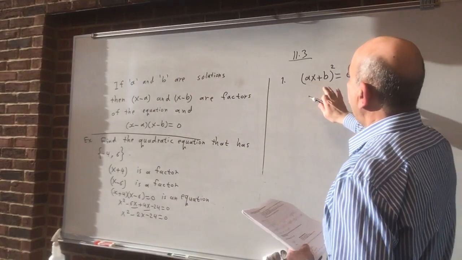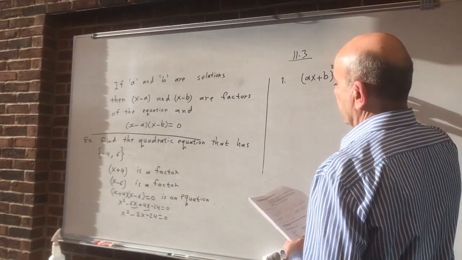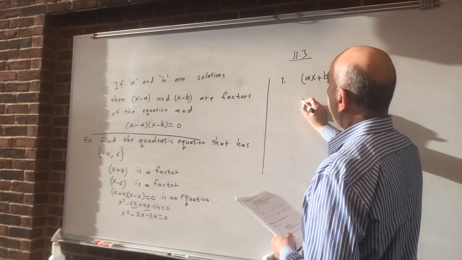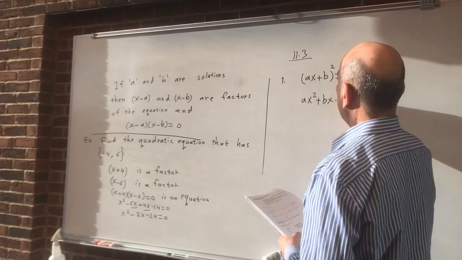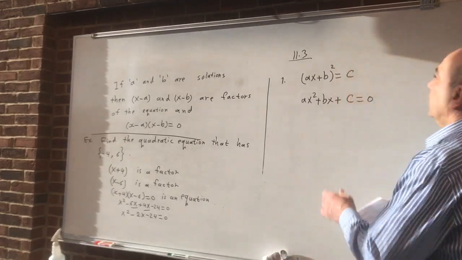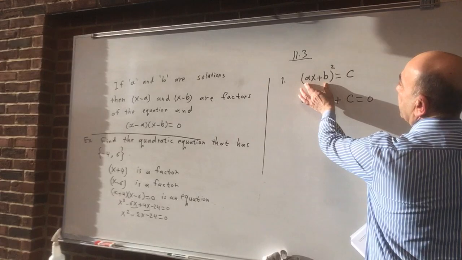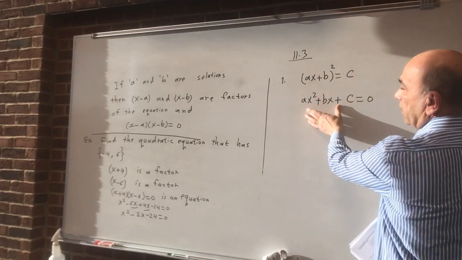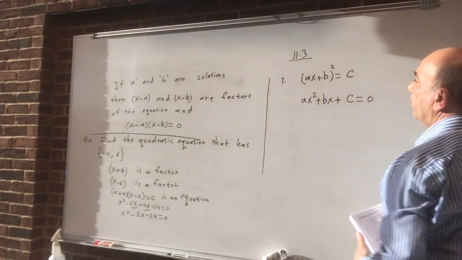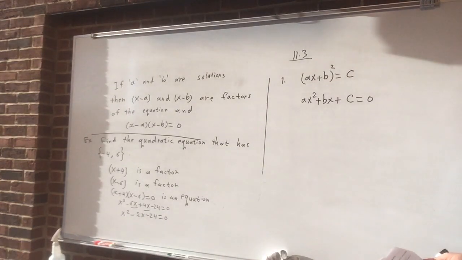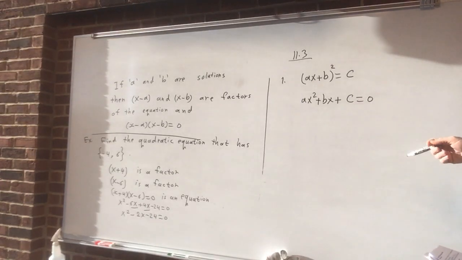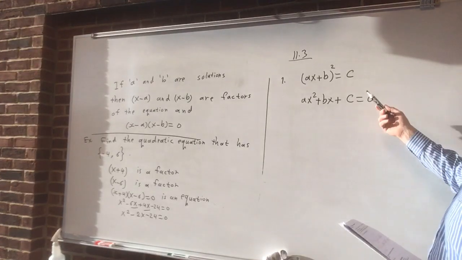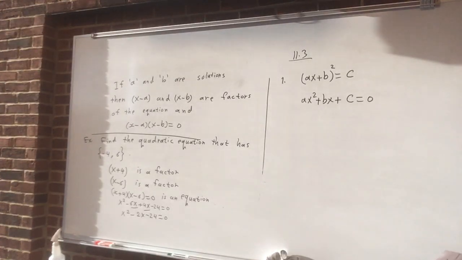We can simplify this equation and rewrite it like this: ax squared plus bx plus c equals 0. Then we can solve this by the quadratic formula or by trial and error, any method.